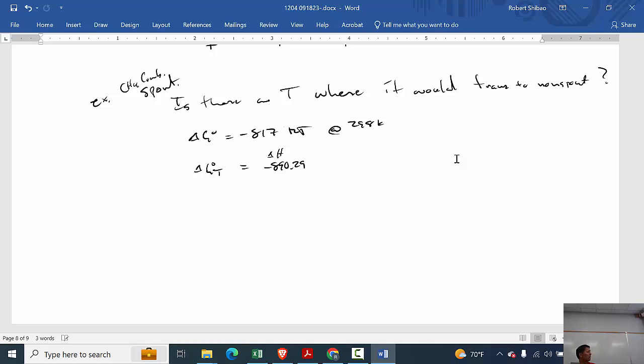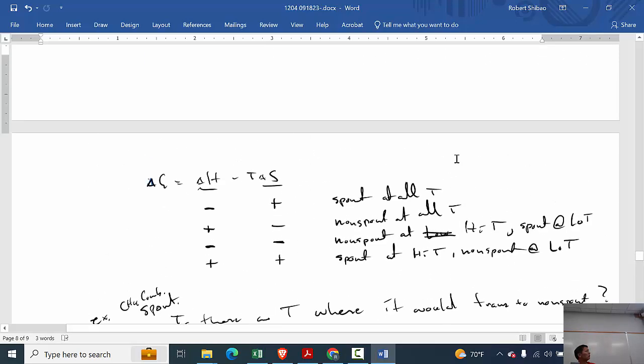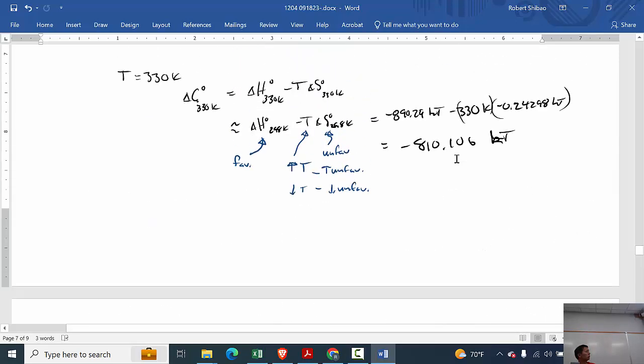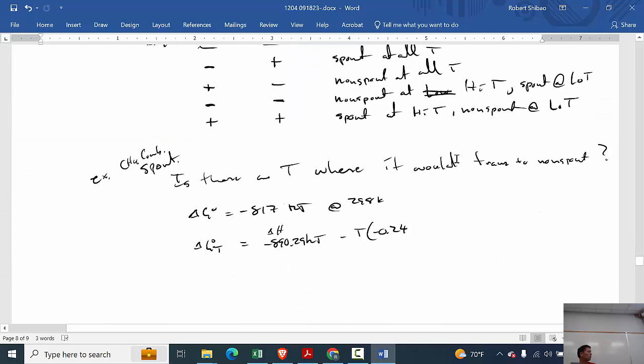That's favorable; negative delta G is favorable. This is going to be minus T delta S, where delta S is minus 0.24298 kilojoules per Kelvin. So it's very simple.